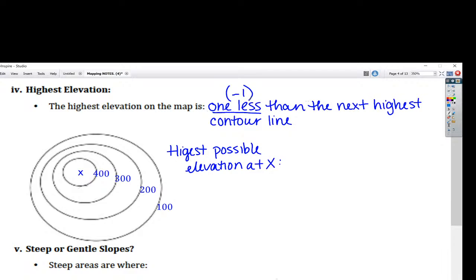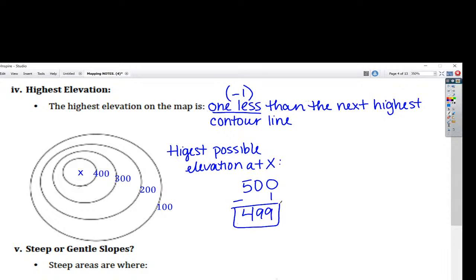Now, do I have a 500 in there? No. So I need to figure out what this could possibly be if it's not 500 or greater. So in order to do this, we use our rule. One less than the next highest contour line. We just said the next highest contour line would be 500. So if it's one less, then the maximum that that x could possibly be would be 499.